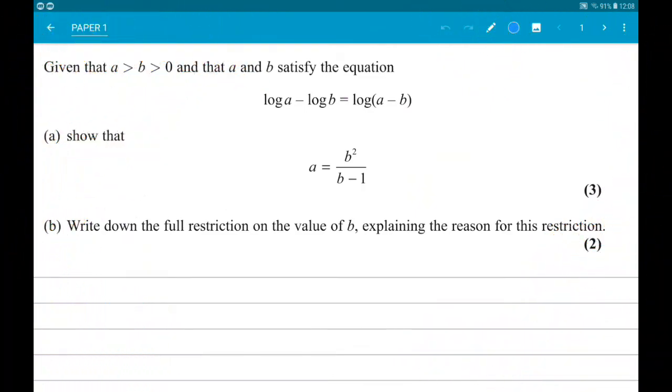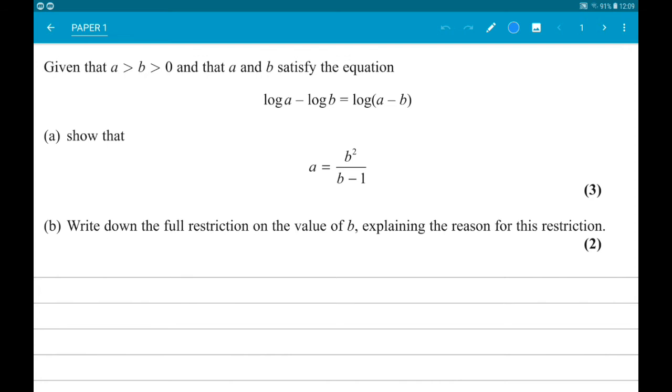Okay, number 9, much nicer than number 8. So, given that A is bigger than B is bigger than 0, and A and B satisfy log A minus log B is log A minus B, part A, show that A is B squared over B minus 1.